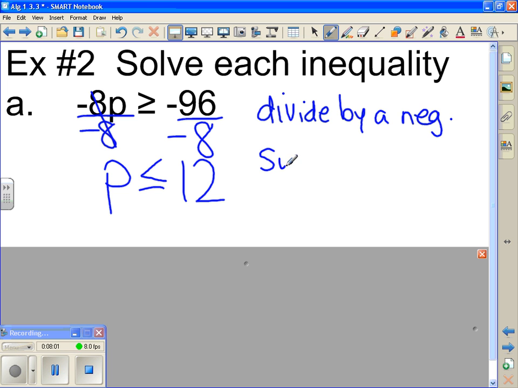You have to switch the less than or greater than. They have to be switched around when you divide by a negative. Just like when you multiply by a negative, you have to switch them around. And it only happens with a negative, not with a positive.